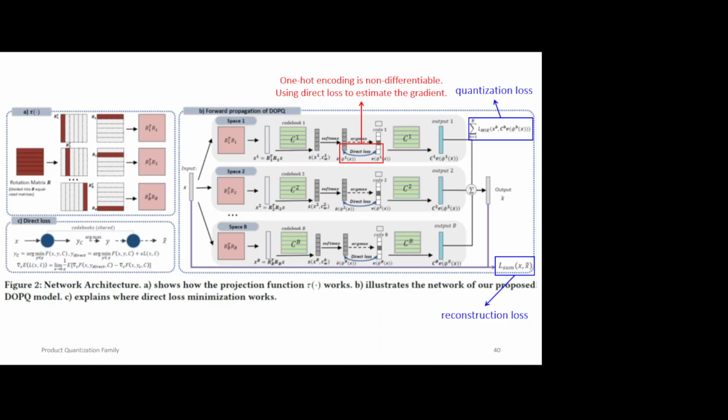We just sum up all their reconstruction vectors to generate your reconstruction, and the reconstruction should be close to your original X. Okay, any problem?